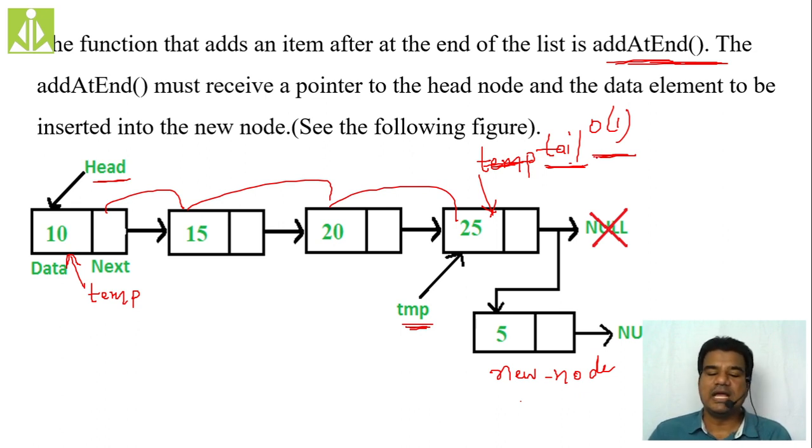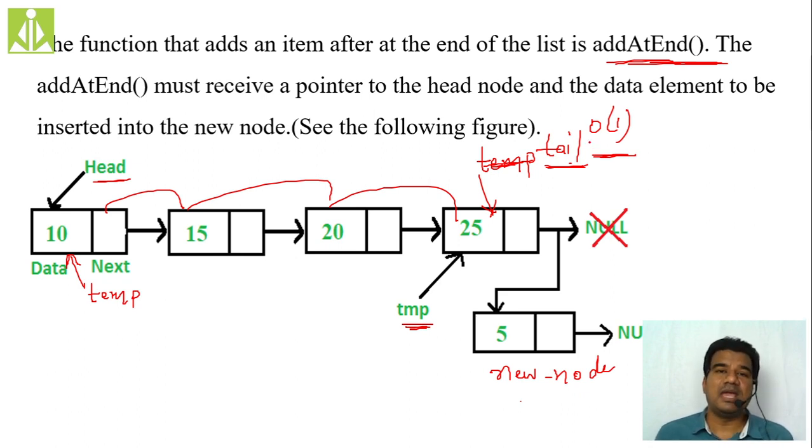At that time, your time complexity will become order of 1. For this add at end also, your time complexity will become order of 1 if you maintain an extra pointer at the tail location of your singly linked list. Head we are maintaining, and even if you maintain a tail pointer, then your time complexity will become order of 1. This is one of the important questions.